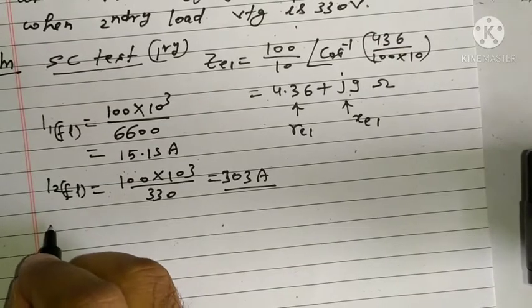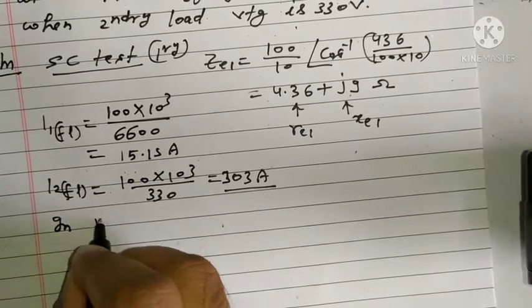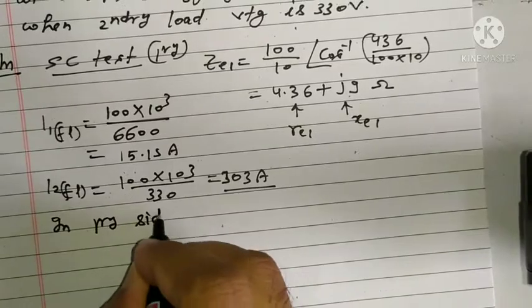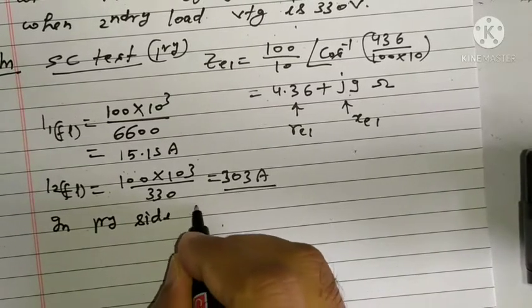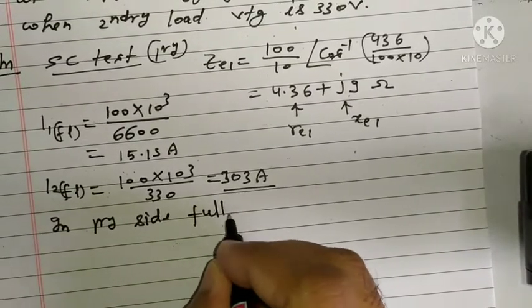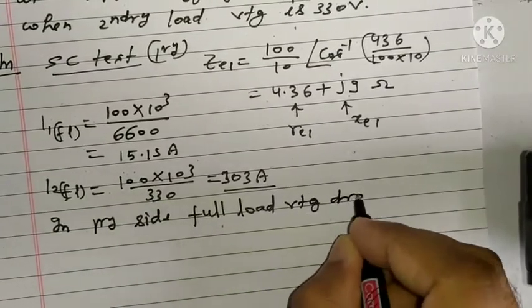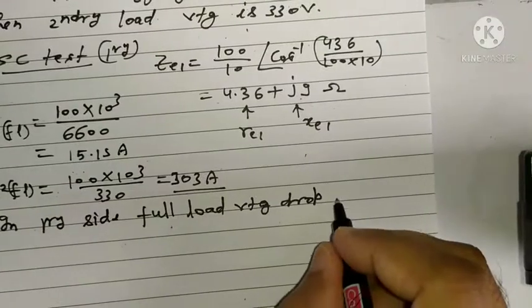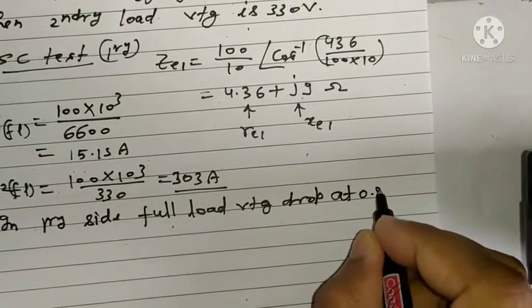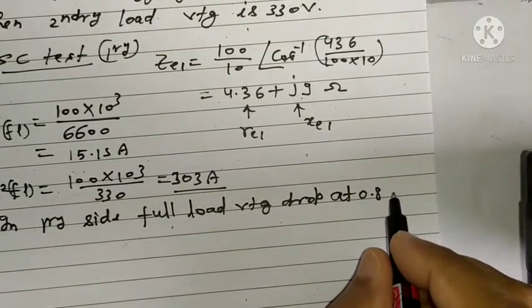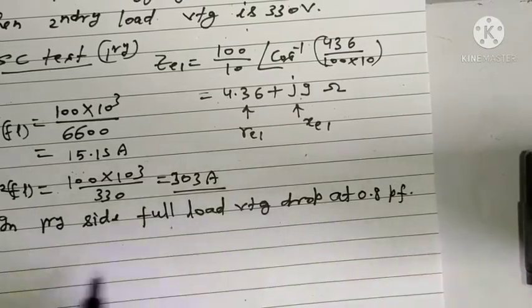Now on the primary side, what will be the full load voltage drop at the given power factor of 0.8?